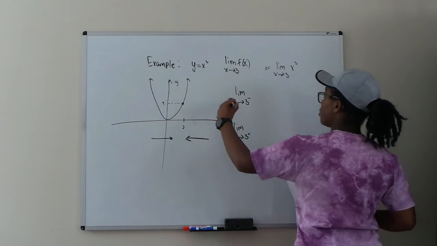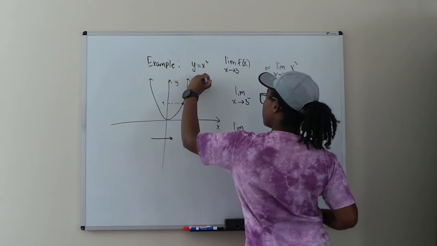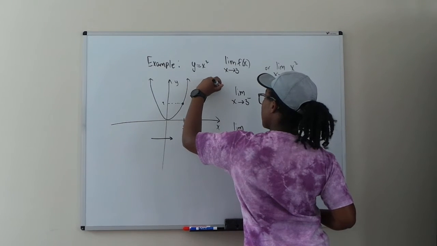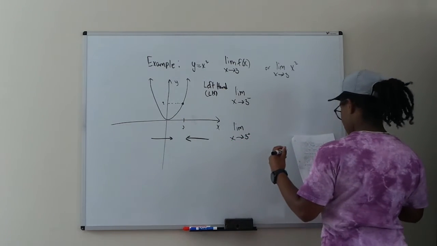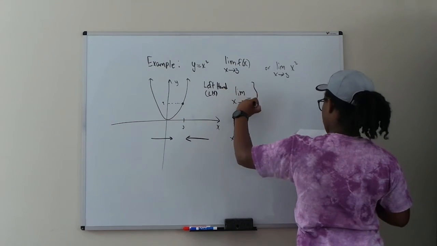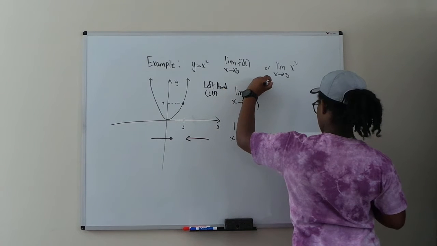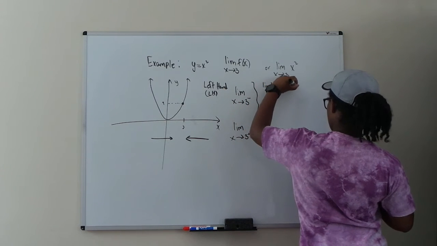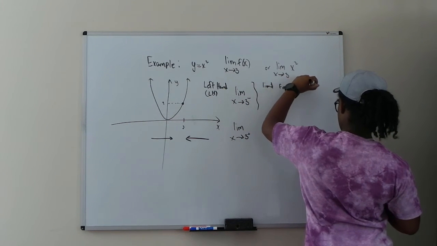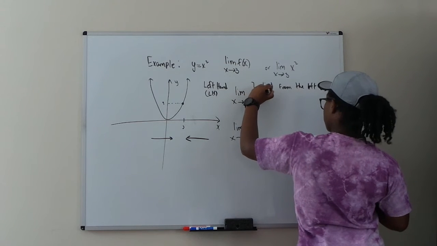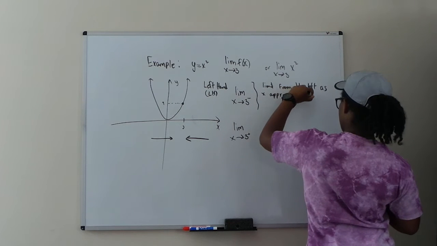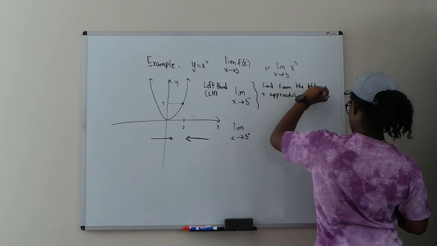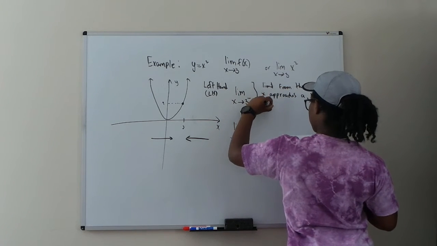Okay, so this is the general notation. So left hand, and you'll see abbreviations with like LH, and that just stands for left hand. So that is the limit from the left as x approaches a, x less than a, close to a.